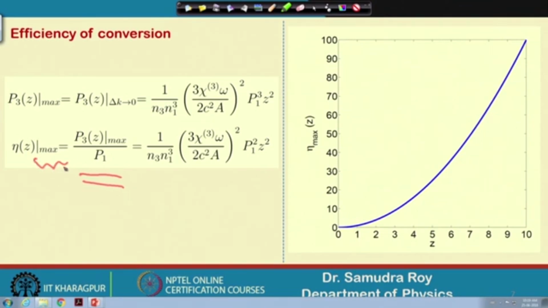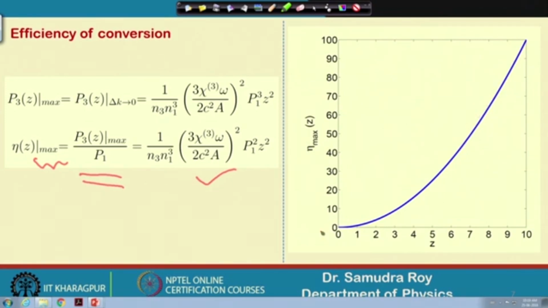Whenever I talk about maximum efficiency, that means I consider delta k is automatically 0. So, under that condition we have an expression like this, and this efficiency suggests that the energy of the third harmonic will increase as a function of z in this way.